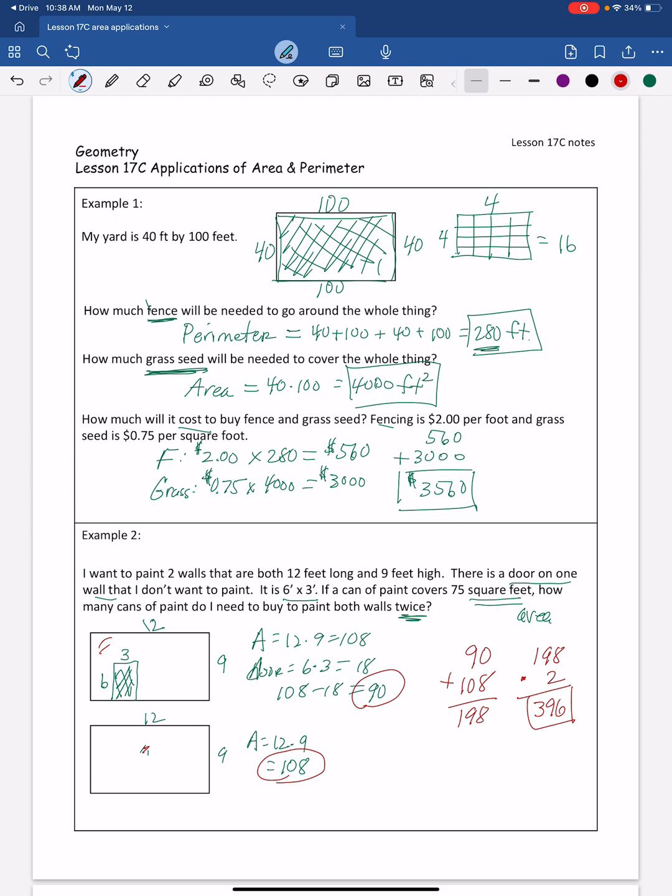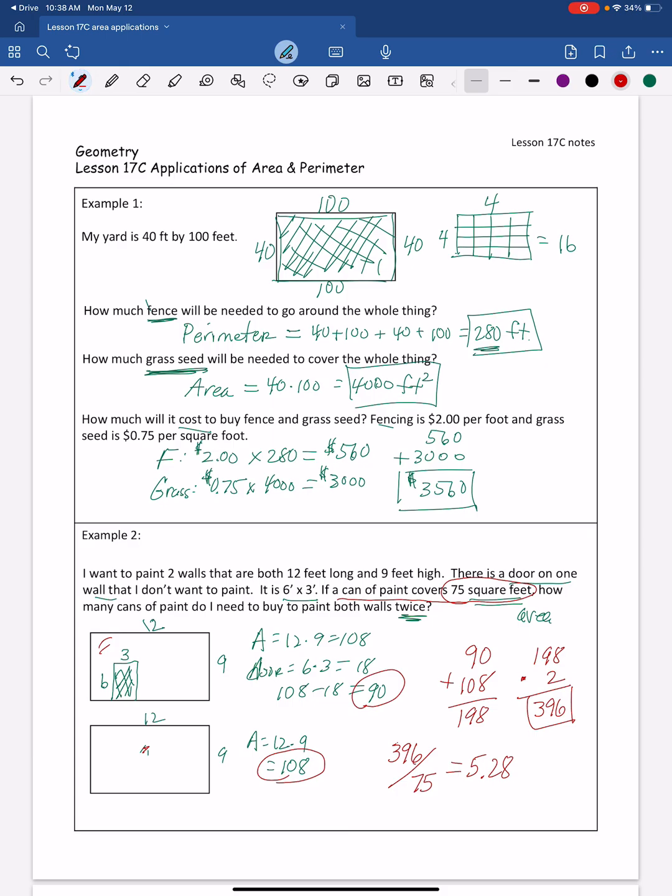And let's go back up here. A can of paint covers 75 square feet. So if I want to paint 396, I'm going to divide that by what 1 can would be, and that will tell me how many cans I'm going to need. So here's the thing about applications again. When I divide that out, I get 5.28.